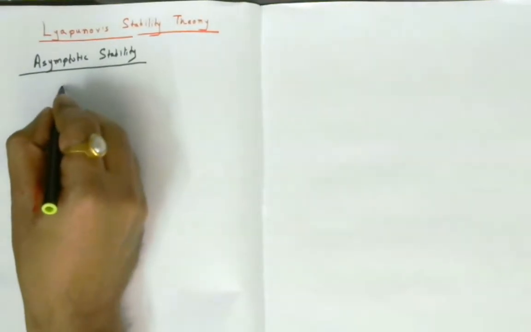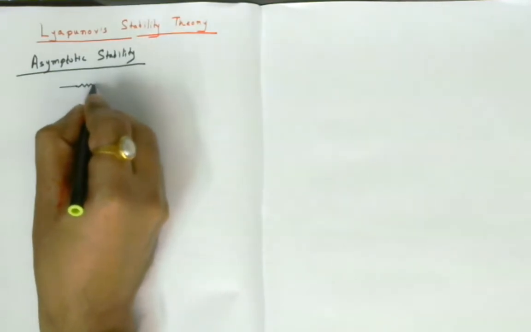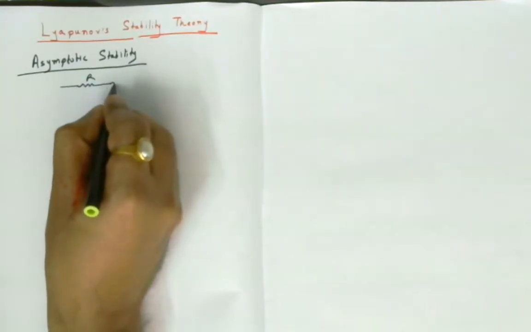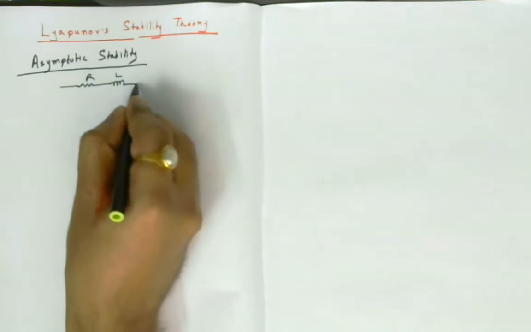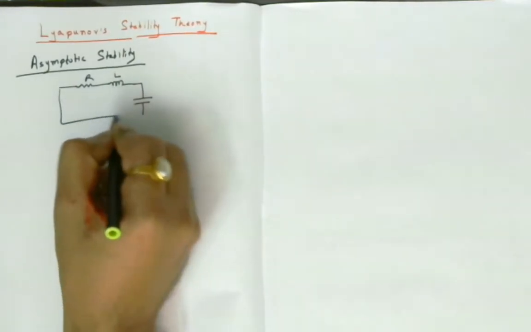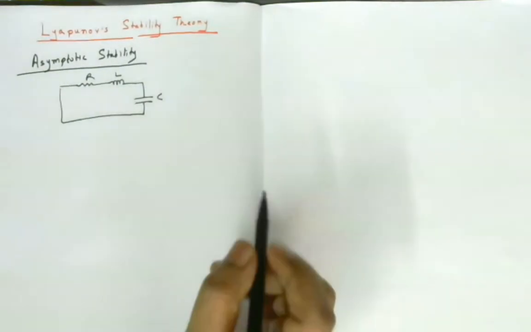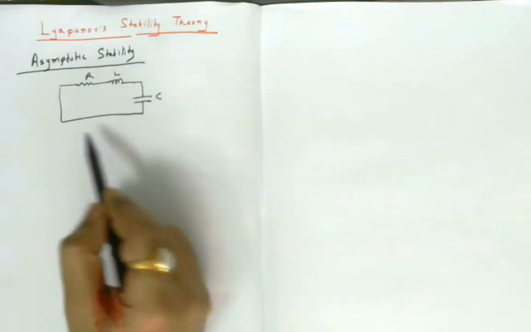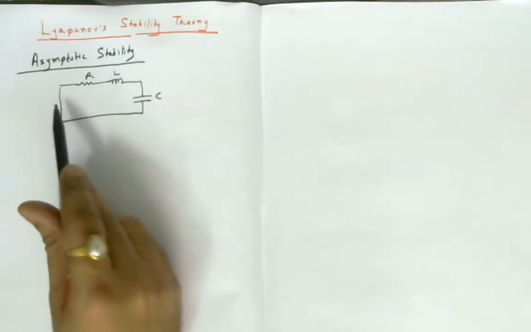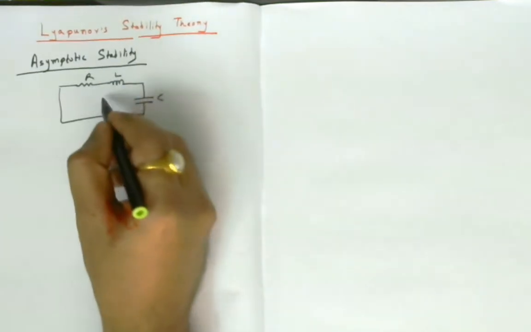So let me draw the circuit. It is a series RLC circuit. The circuit is closed completely, right? And there is no input voltage at the input terminal. So will there be any current?